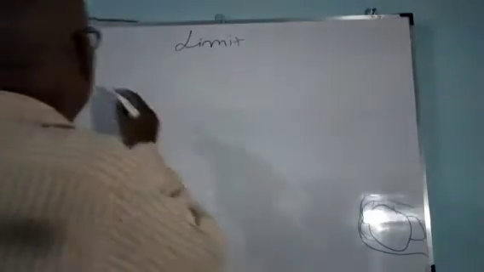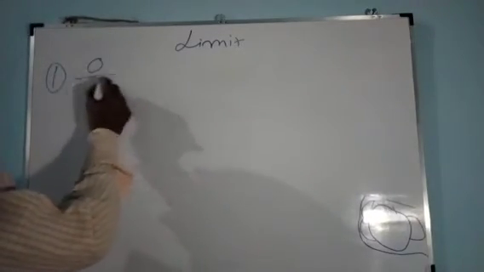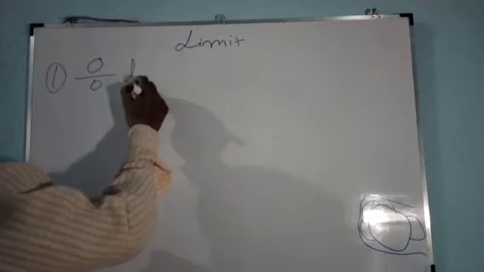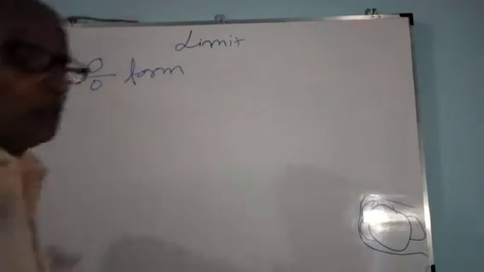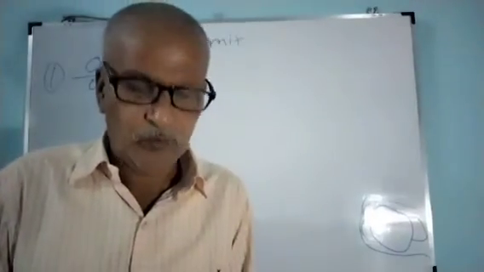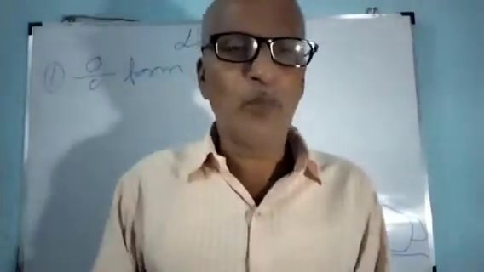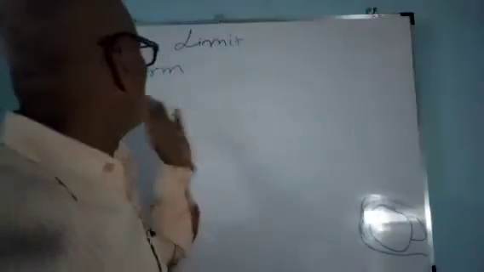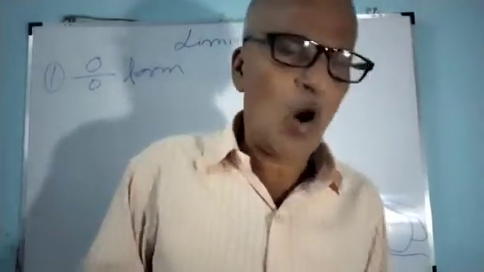First, the 0 by 0 form. There are two methods for obtaining the limiting value of the function for this indeterminate form.